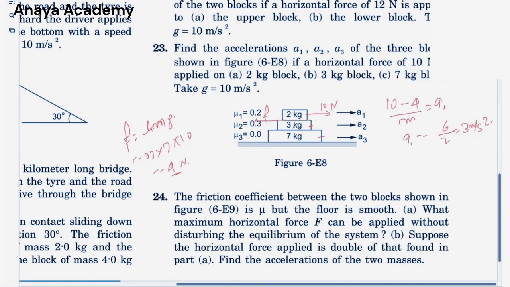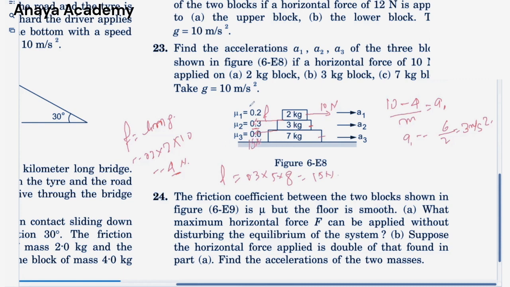Now, what would be the friction between 3 kilogram and 7 kilogram? Friction will be mu, between this block and this block, mu is 0.3 into (3 plus 2), 5 into g. That means 15 Newton, and it is also acting in the backward direction.